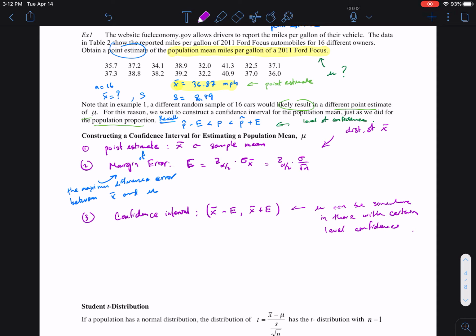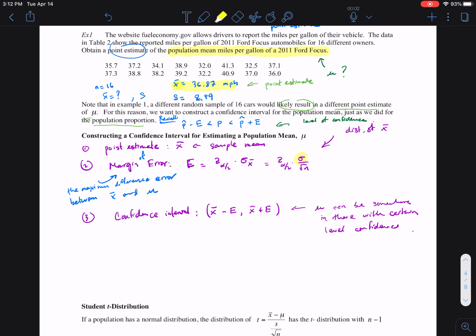One issue that comes up with this lesson is that now we don't know what the population mean is, and in constructing a confidence interval to estimate the mean, we use this sigma, which is the population standard deviation.